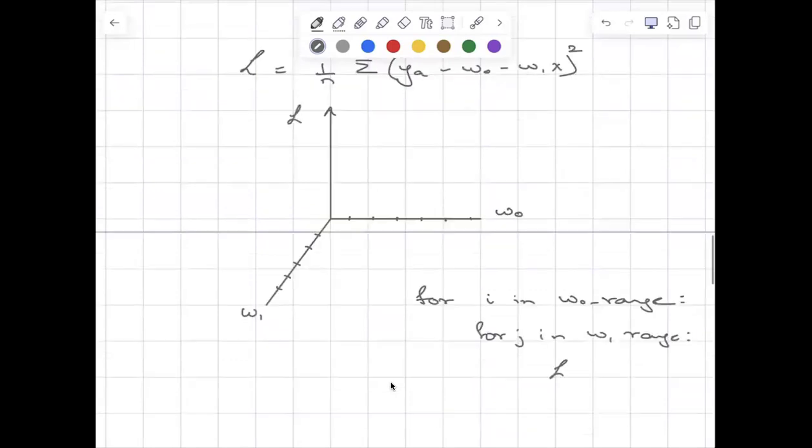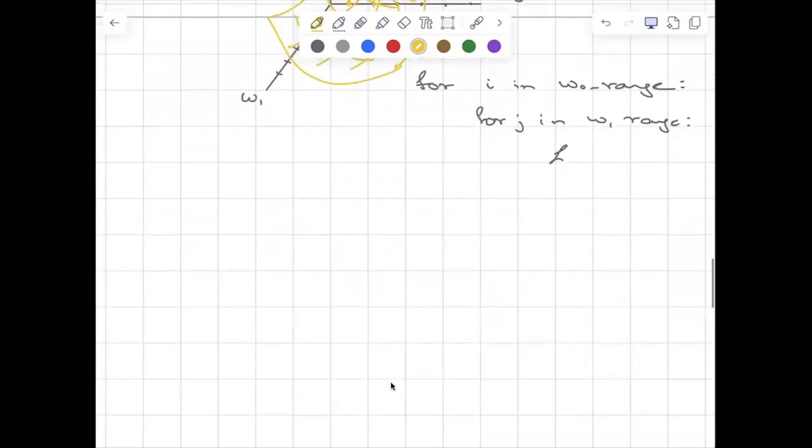And then for this and this, maybe I get L out here. Then for this guy, it's out here. For this guy, it's out here. So I might get some kind of surface like this. It's difficult for me to draw it, but you can imagine, right? So for all combinations of W0 and W1, I can plot on the Z axis the loss value, and I'll get a three-dimensional surface, right?